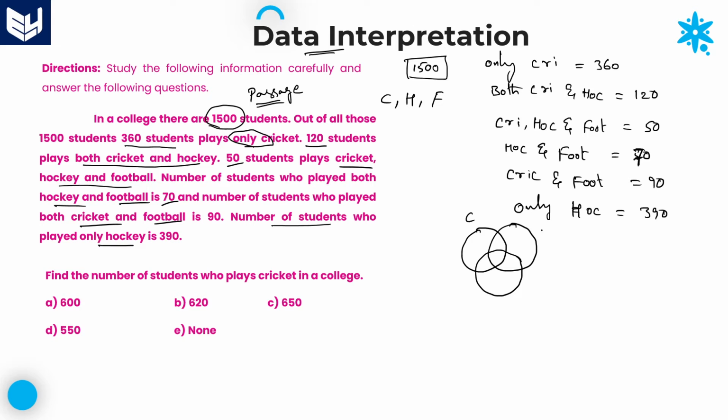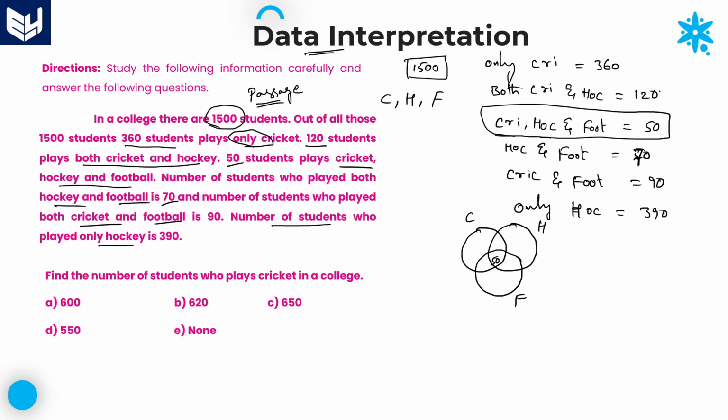First and foremost, you need to fill the intersection of cricket, hockey and football. The number of members playing all the games is 50, so this value is 50.